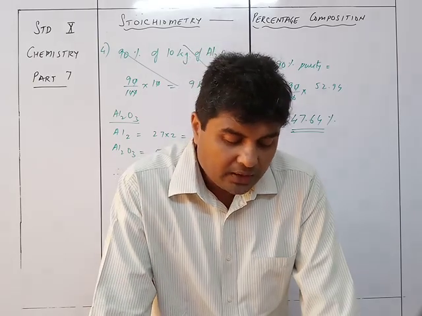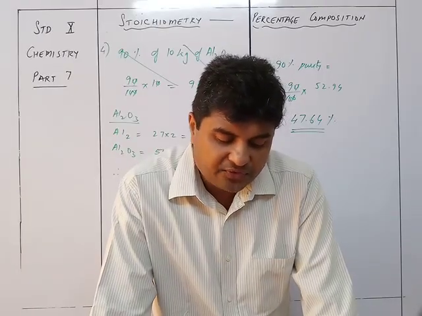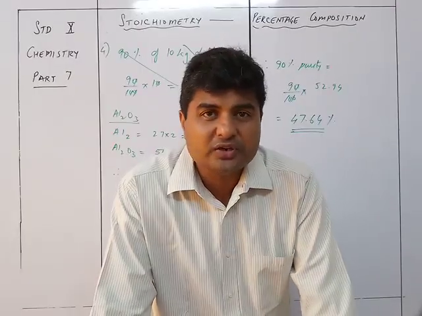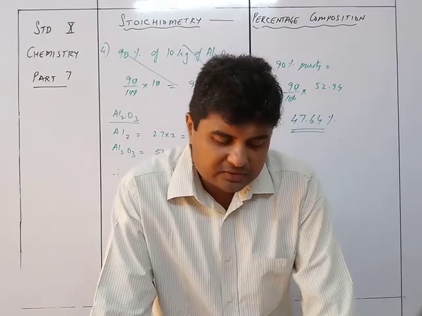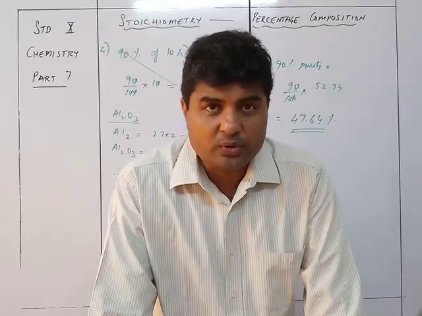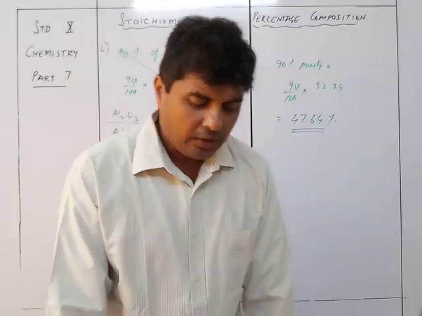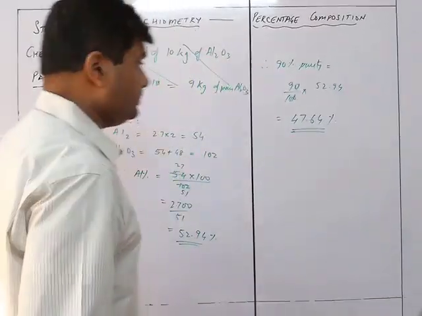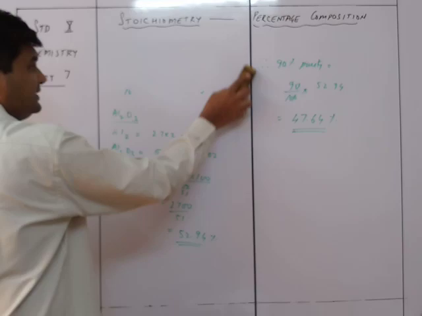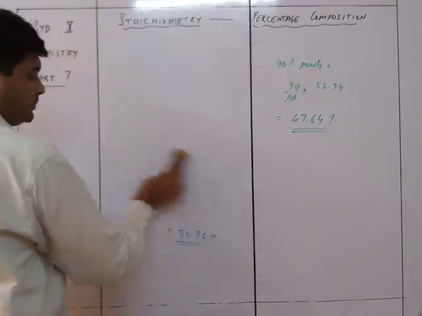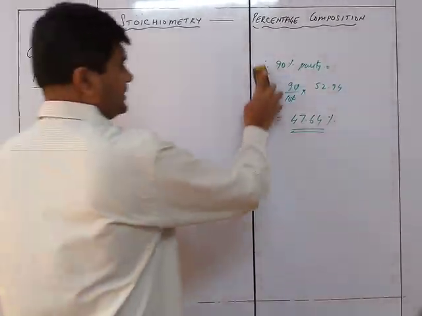So in the first part we are going to find out the percentage of potassium, and in the second part the amount of nitrogen.